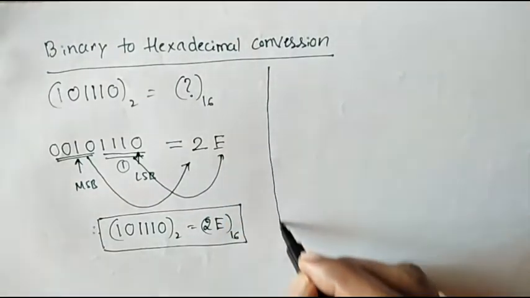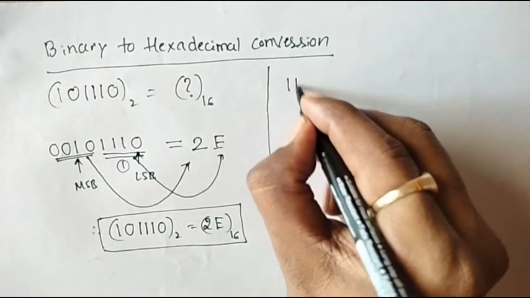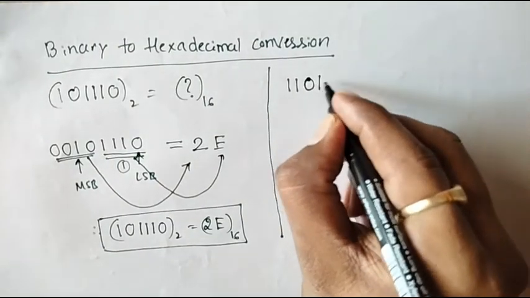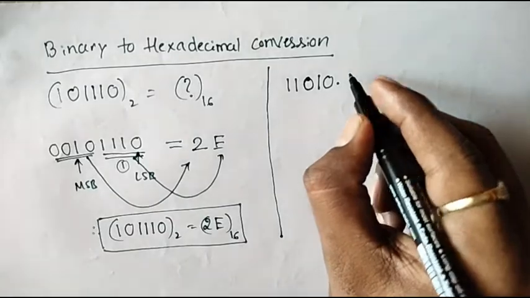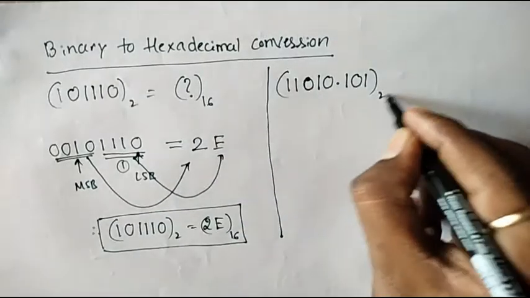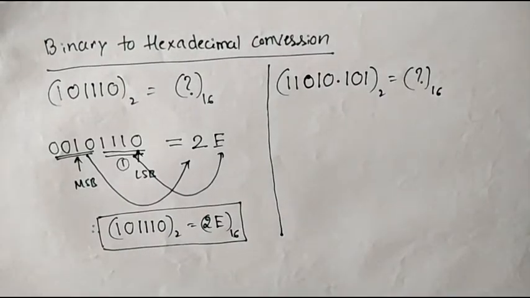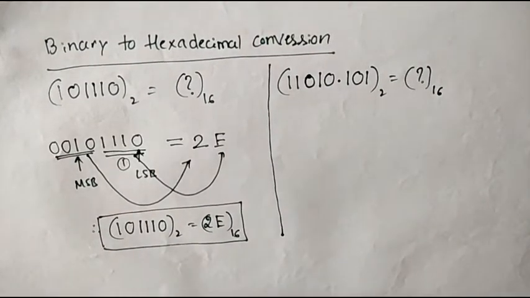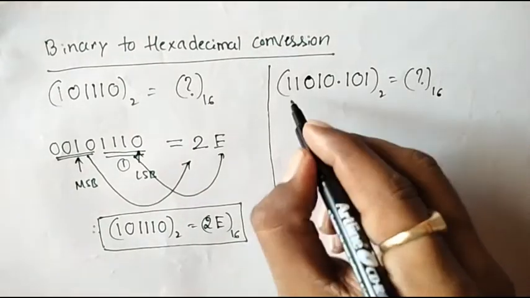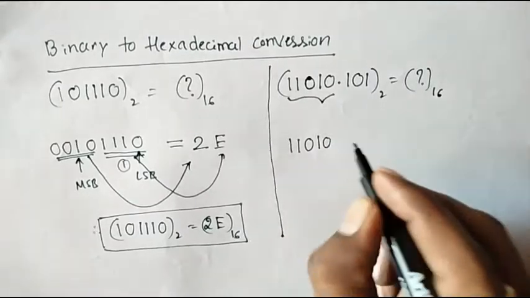Let's take another example: 11010.101. What is the hexadecimal equivalent of this? Here first consider the full number, that is 11010.